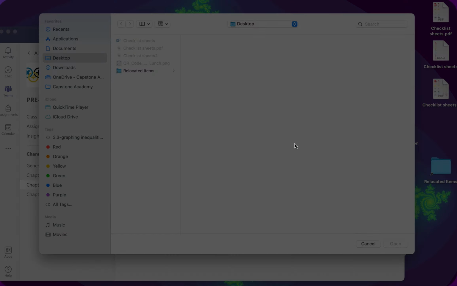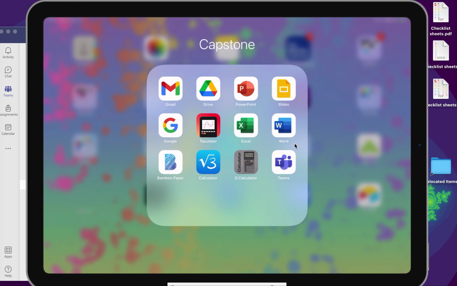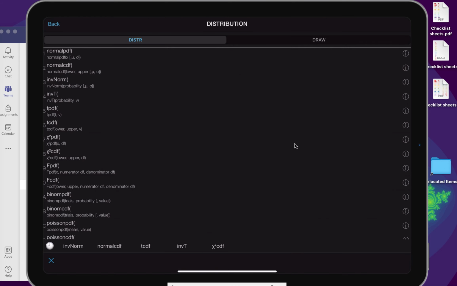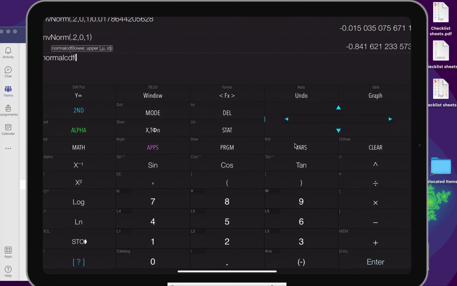So now, calculator time, use the normal distribution. So second distribution, normal CDF. We want less than that, so our lower bound is negative 1 E99. Our upper bound is negative 1.818. And leave our mean and standard deviation at 0 and 1.